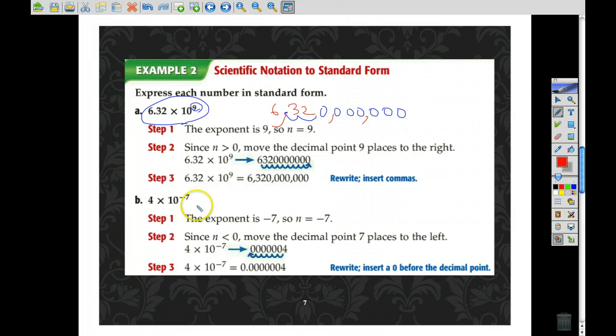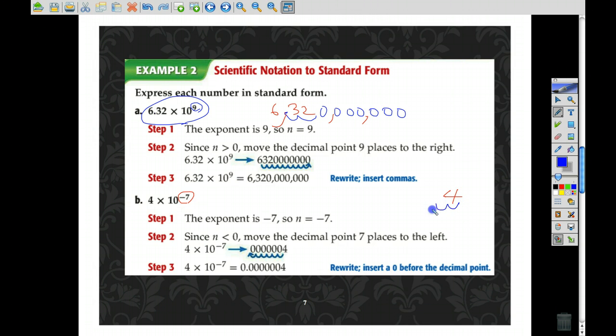Okay. Now if it's a negative exponent, you're going to go to the left. So you're going to start here and count to the left. So you have 1, 2, 3, 4, 5, 6. You go one more and it'll be 7. So let me rewrite this. If you have 4, usually 4 means the decimal starts here, right?